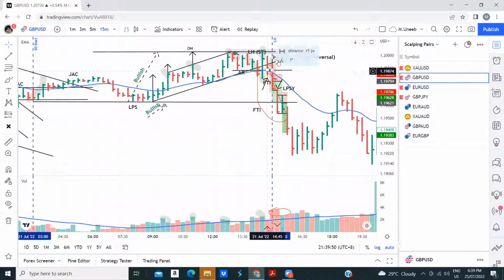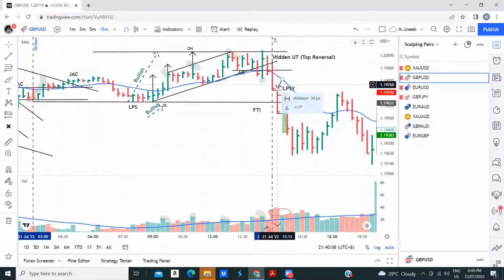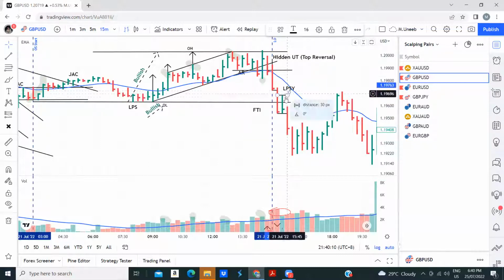So in this structure, I have to remove all this, okay?